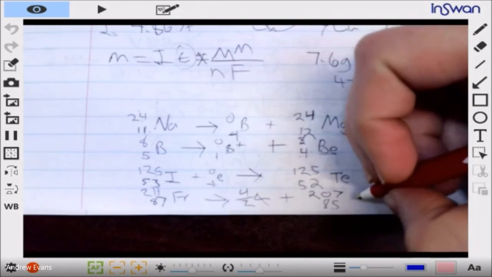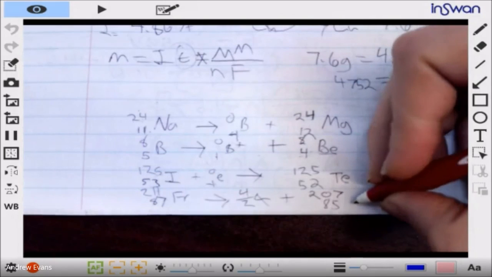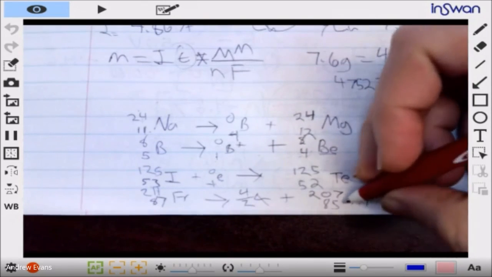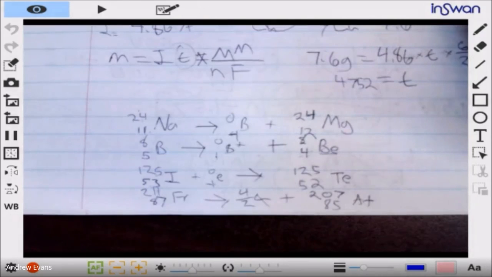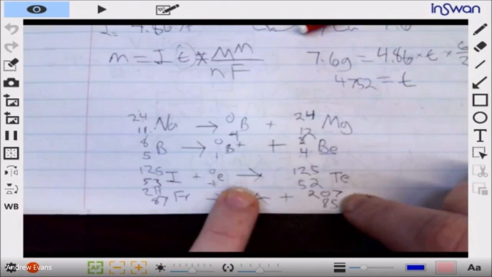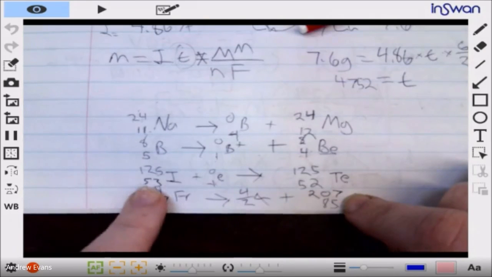Either way, francium goes to astatine, as it moves 2 elements to the left. 85 plus 2 is 87. 207 plus 4 is 211.